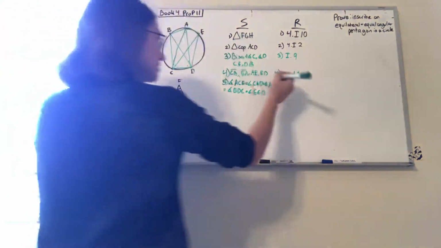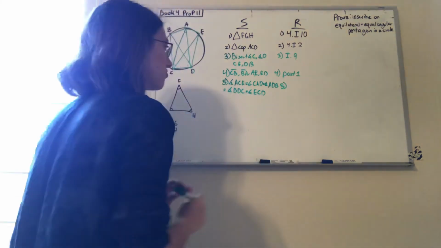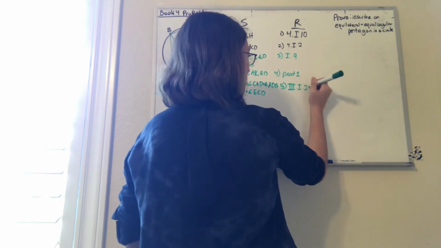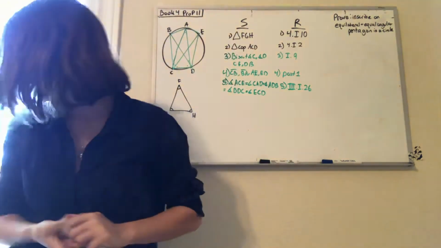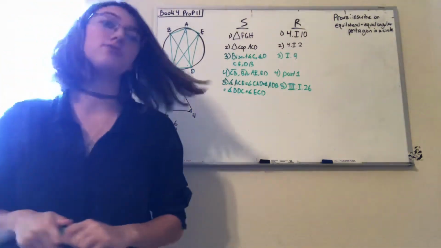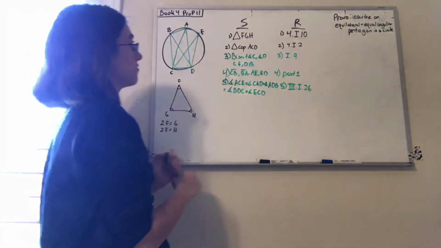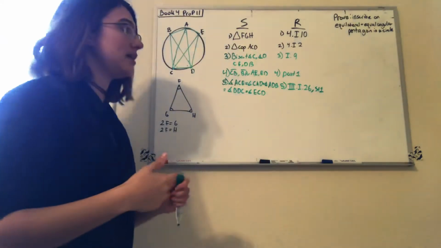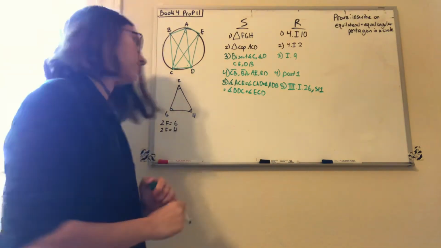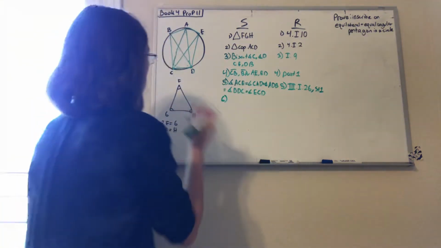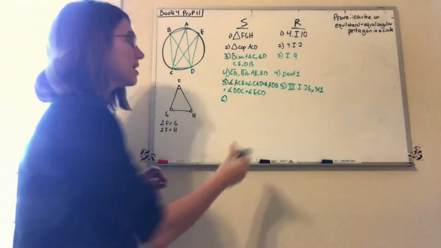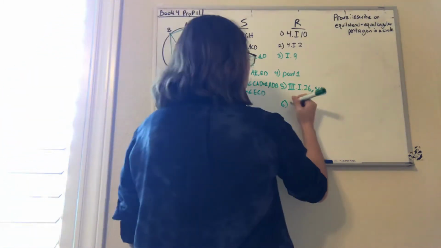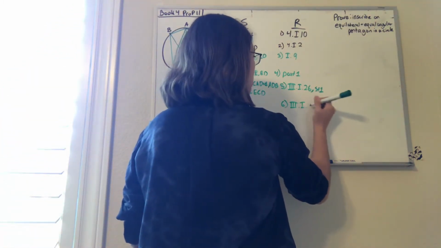For that, our reason is going to be Book 3, Proposition 26, which says that if the angles are equal to each other, which we've already proved using the first triangle, so I'd probably say statement 1 as well, then because it has equal angles, it's going to have equal circumferences. With our next step, if it has equal circumference, it's going to have equal lines, using Book 3, Proposition 29.